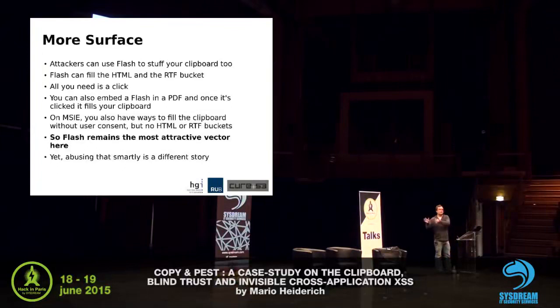I clicked somewhere in this PDF file, I had the click, I recycled the event a little bit later, and I filled the clipboard. I had the feeling that it was really copying something, but what actually happened in the background was Flash filling the clipboard for me with something completely different. Then I went to the browser or to whatever location, I pasted it, and it was my payload, but not the payload that I believed I had copied, which is quite nice. So we use just one single trick, and then it works.